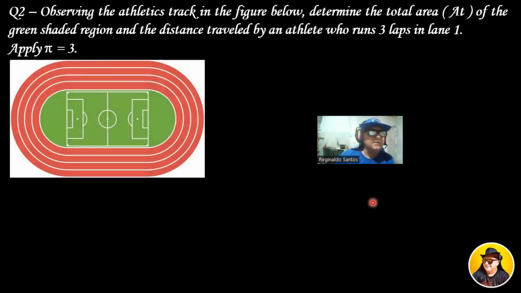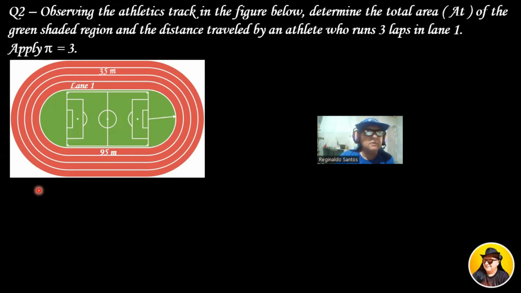Okay, let's see. We have here an athletics track. We can see lane 1. The 95 meters is from here to here, the straight line of the track.